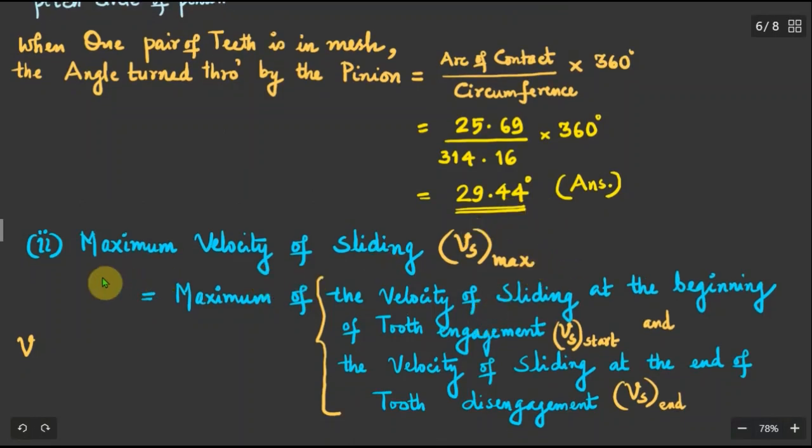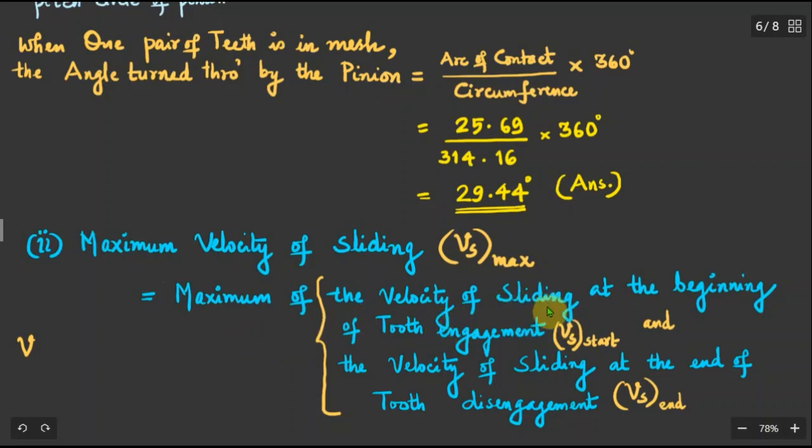Now the second part of the question, that is the maximum velocity of sliding. Let us denote it by Vs max. That is actually the maximum of the two possible sliding velocities.